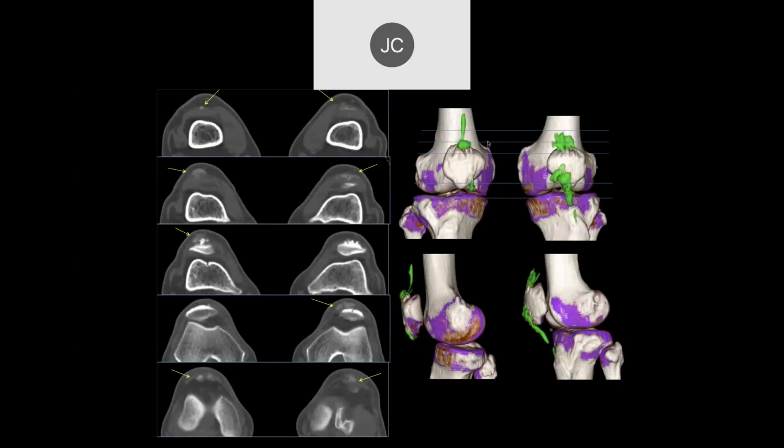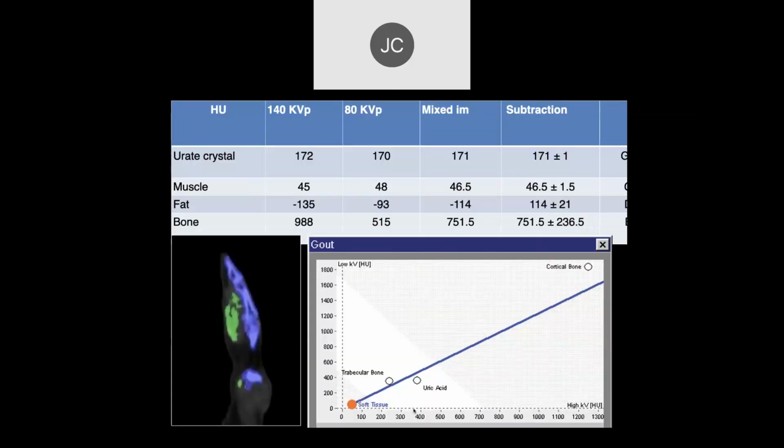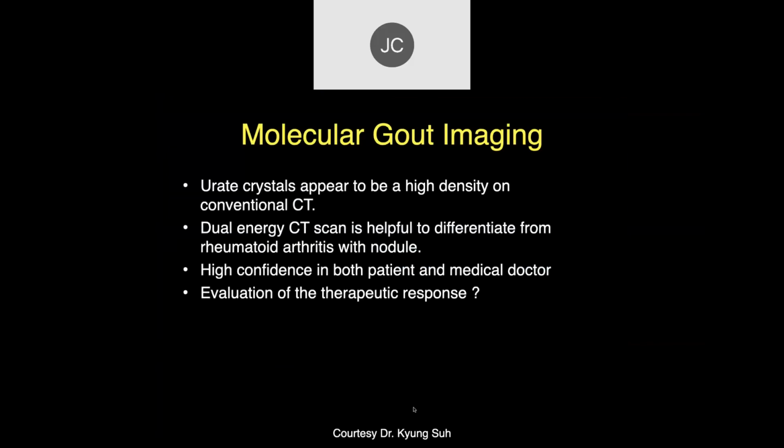But here we can see the uric acid deposition in both of these areas, which correlate with the densities on the CT examination. And as we know, uric acid crystals are high density on conventional CT. Dual energy can differentiate them from calcium, and so that can be helpful.